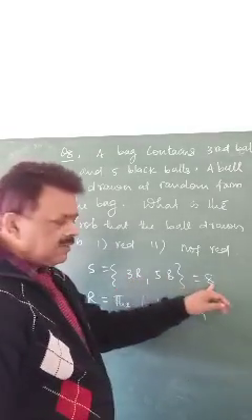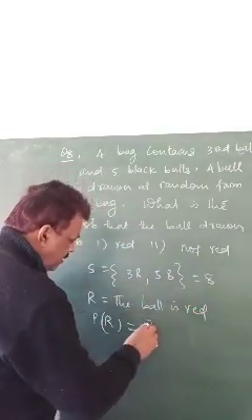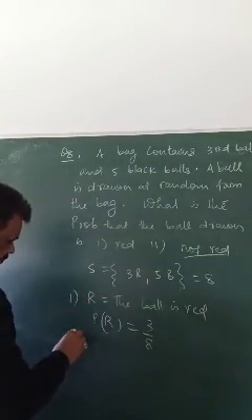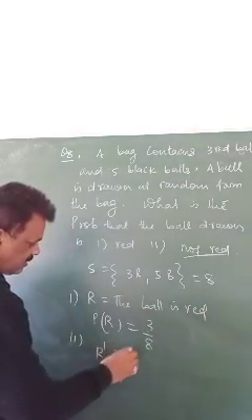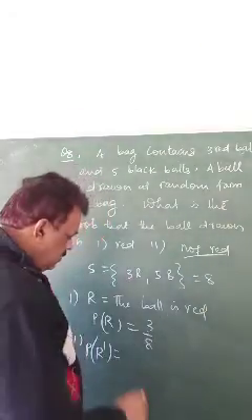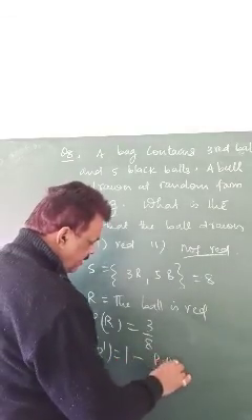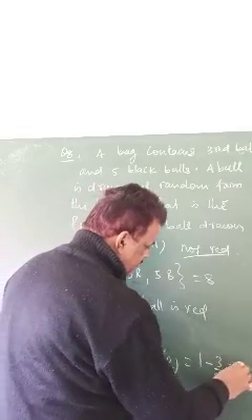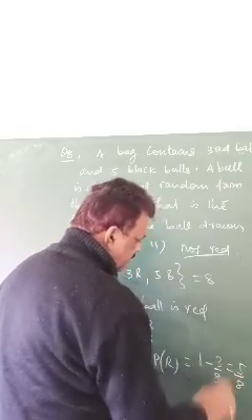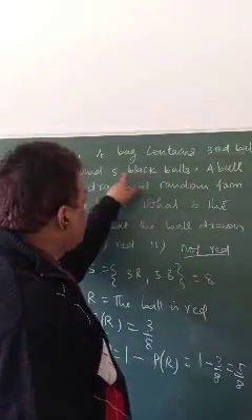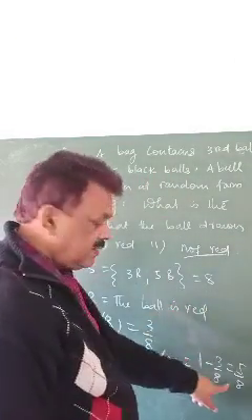So 3 from 8 balls, 3 by 8. Not red, second part. Not red means R dash probability. R dash means 1 minus probability of red. 1 minus 3 by 8, that is 5 by 8. Not red means what? Black. So 5 by 8.